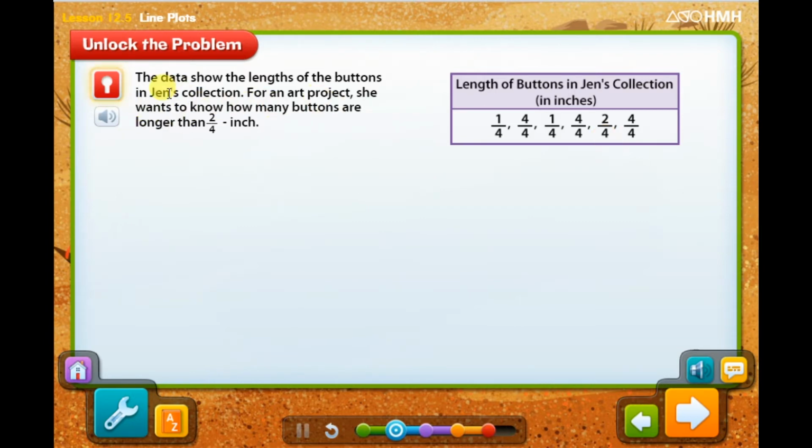She wants to know how many buttons are longer than 2/4. So first, the frequency table means we represent by tallies how many times any data is repeated.